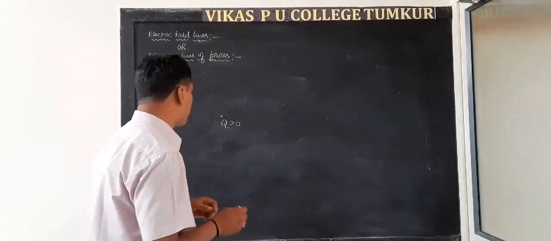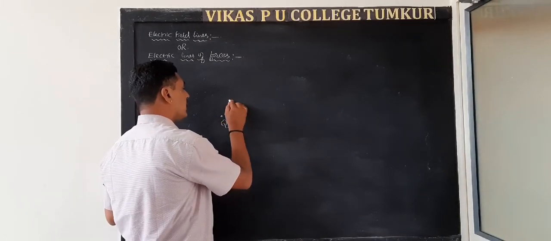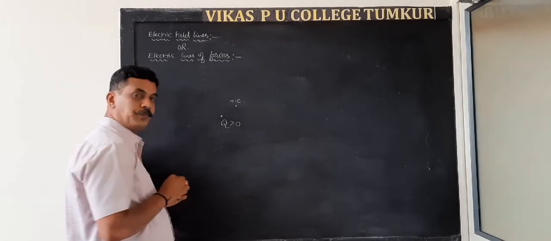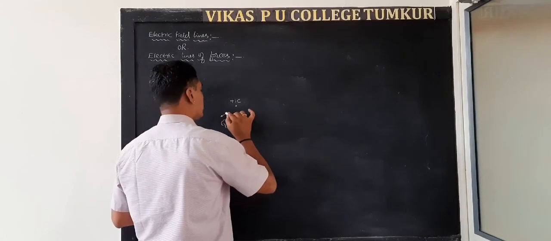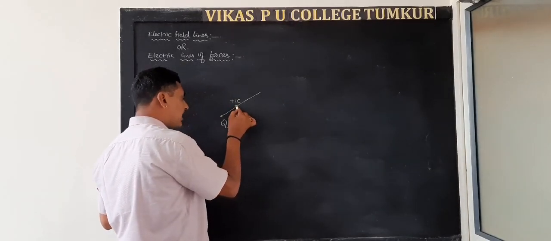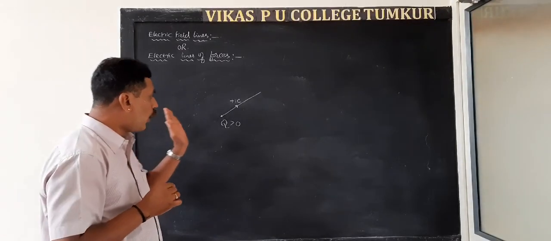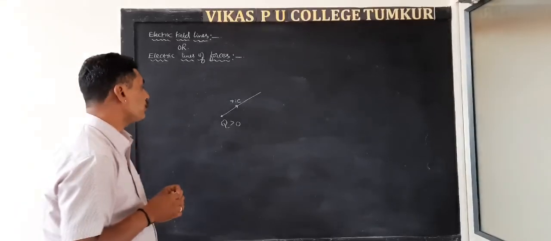Now due to this positive charge, if I place a unit positive charge in the electric field at some point, then naturally this unit positive charge gets repelled along the direction shown in the figure.